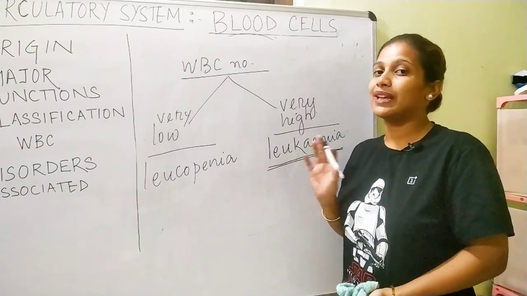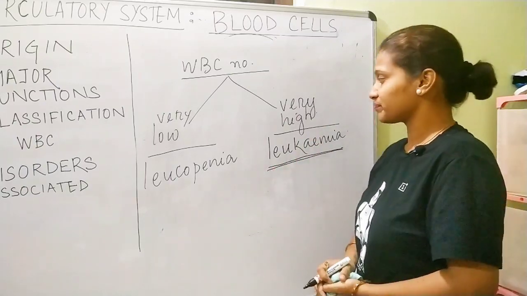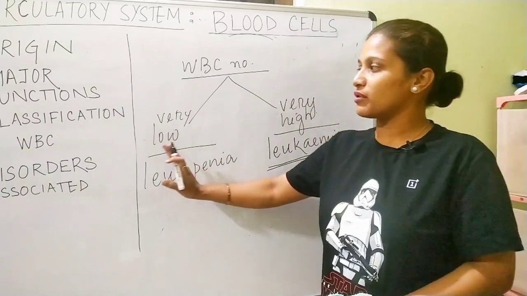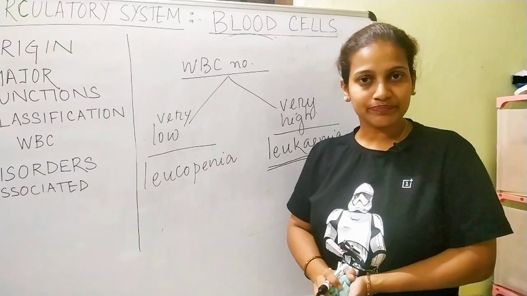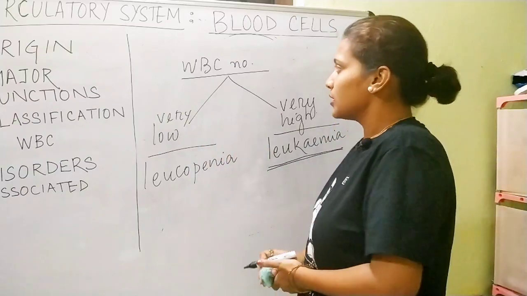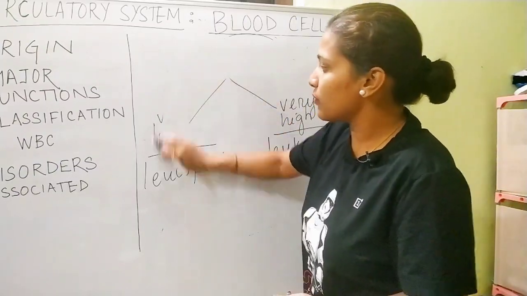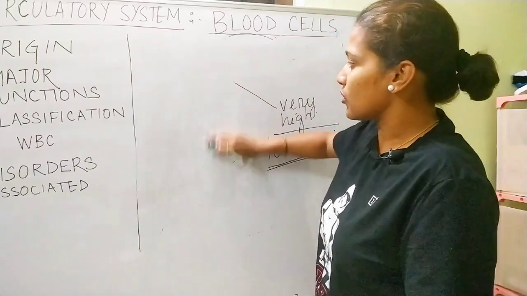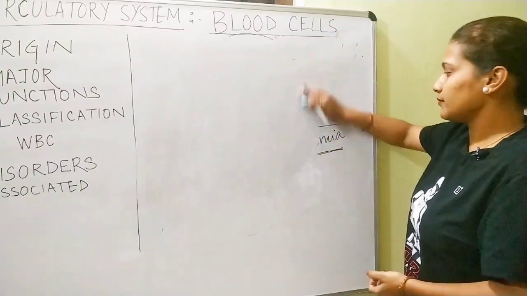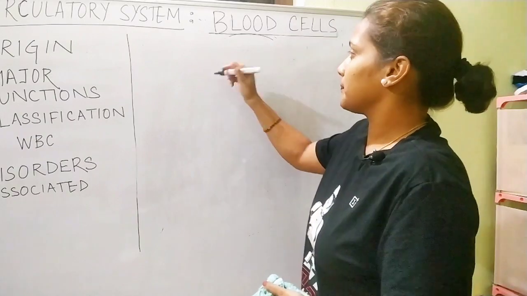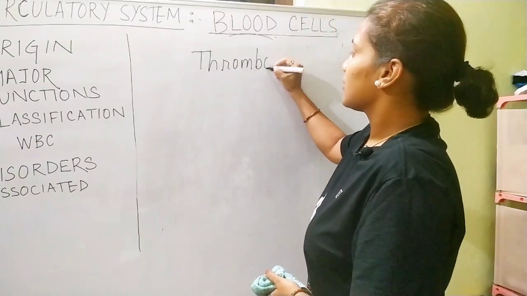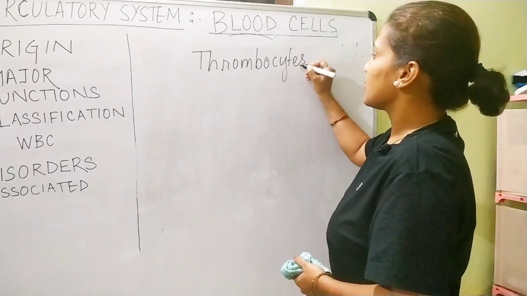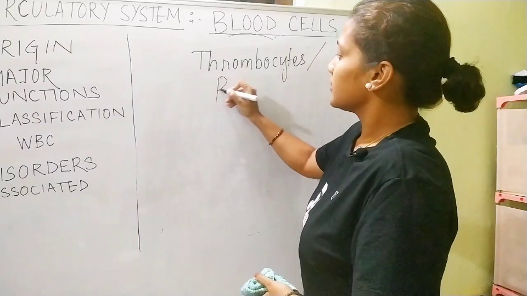There is some sort of malignancy in this. So I hope you are acquainted with these disorders of WBC. It's quite clear. Now coming to the third type of your blood cells, that is your thrombocytes or the platelets.